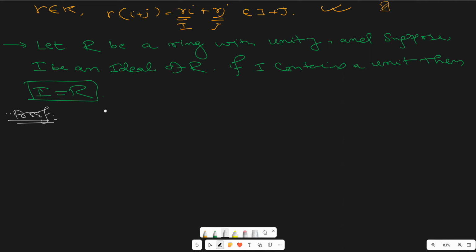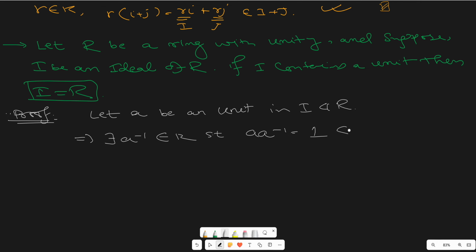So let A be a unit in I, and I is an ideal in R, right? So if A is a unit, this implies that there exists an A inverse inside the ring R, such that A times A inverse equals 1, which is inside I. 1R, that means the unity.